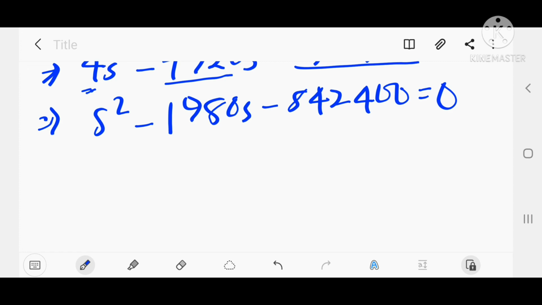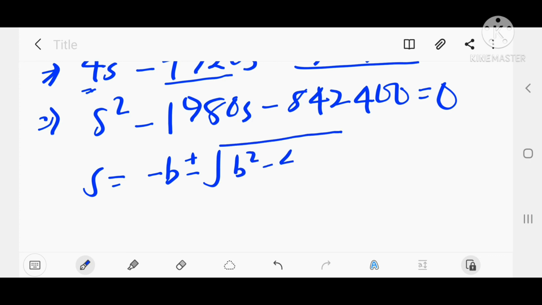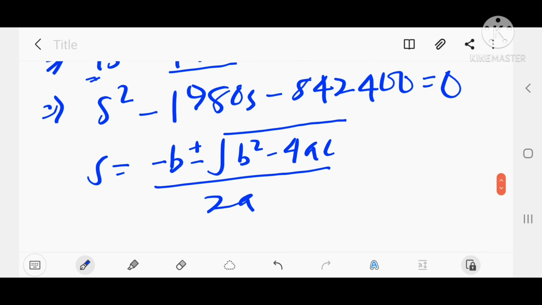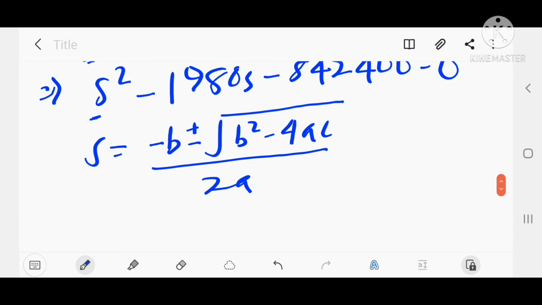So what we do is we use the quadratic formula, that is s equals negative b plus or minus the square root of b squared minus 4ac on 2a. Remember that our a will be the coefficient of s squared, which is 1.